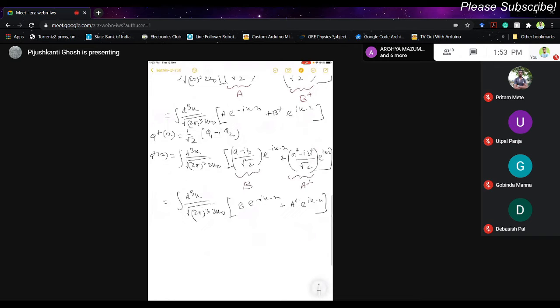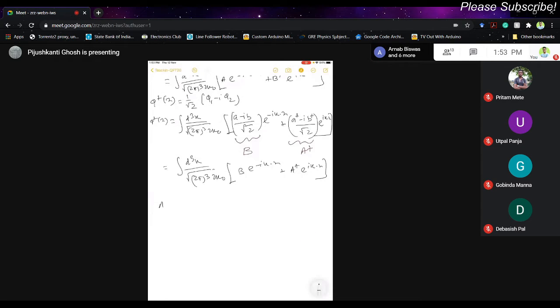So what we have identified is that capital A is equal to 1 by root over 2 times a plus i b, and A dagger is 1 by root over 2 times a dagger minus i b dagger.